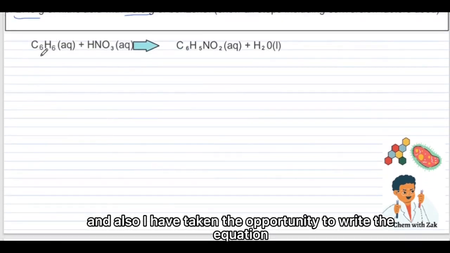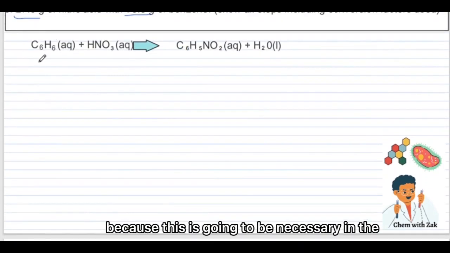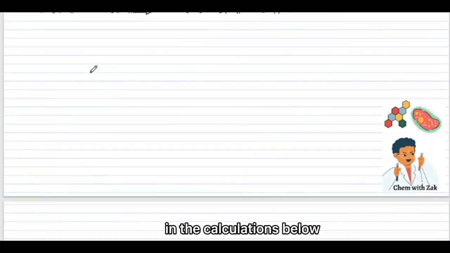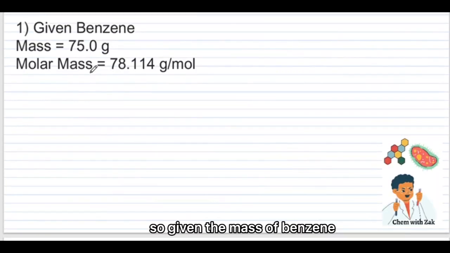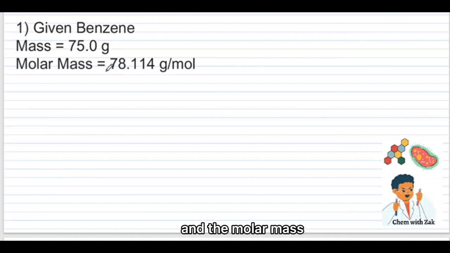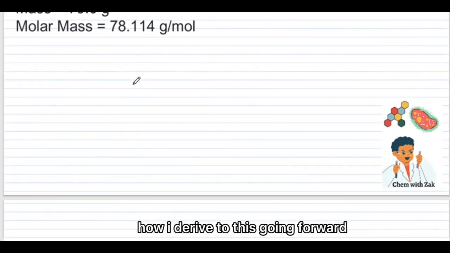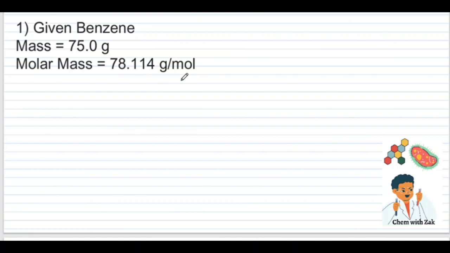I'll also write the equation because it is necessary for the calculations below. Given the mass of benzene, which is 75.0 gram, and the molar mass, which is 78.114 gram per mole, I will show you how I derive this going forward.